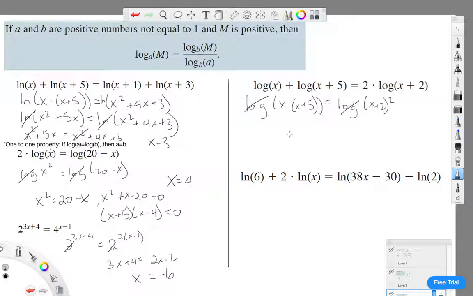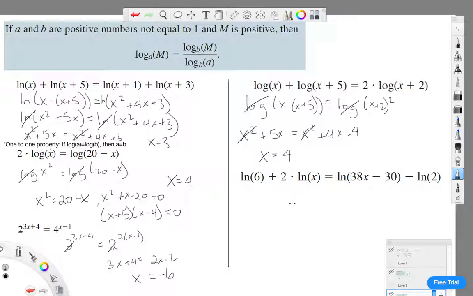Drop off the logs, so we get x squared plus 5x equals x squared plus 4x plus 4. Our squared terms fall off, and we get 5x is equal to 4x plus 4. Subtract 4x from 5x, and we get x equals 4.